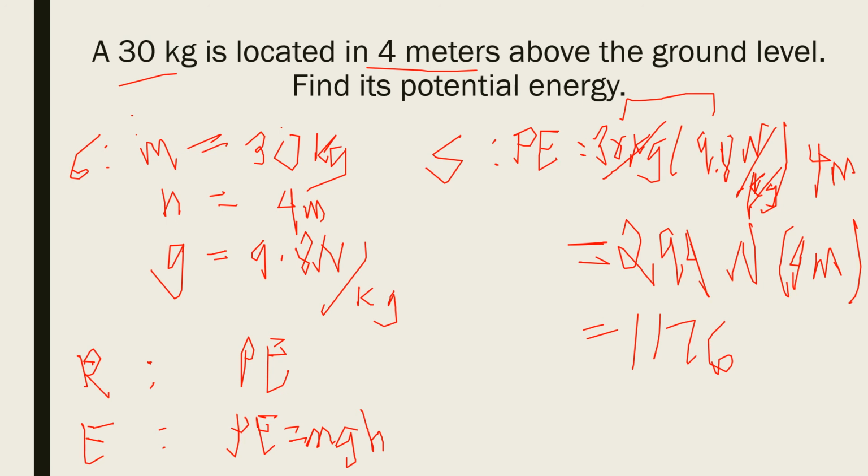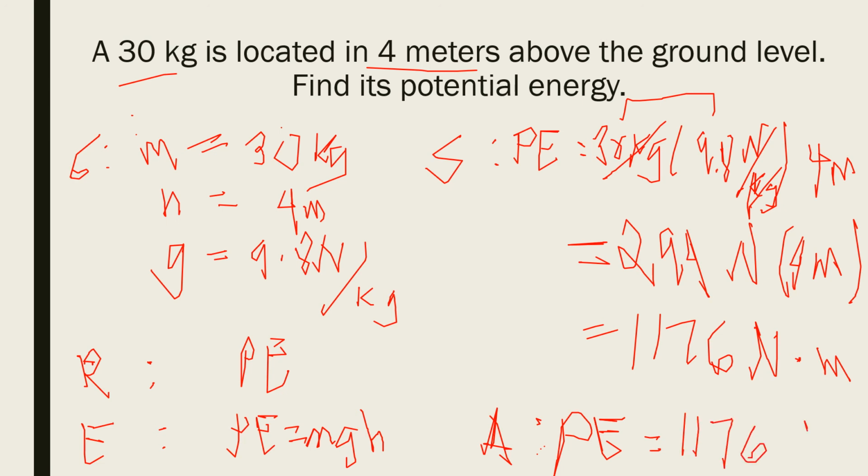Newton meter. So our final answer here is potential energy is equal to 1,176 joules. I'm going to repeat that joules and Newton meter are just the same.